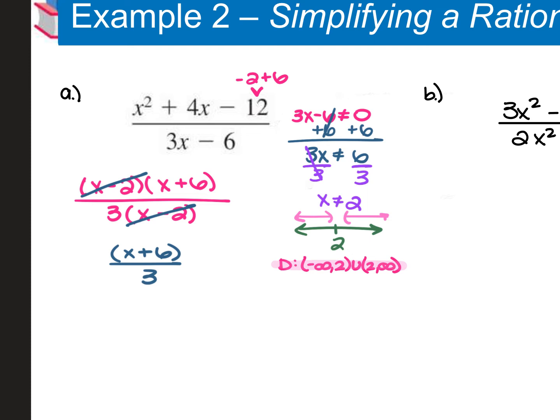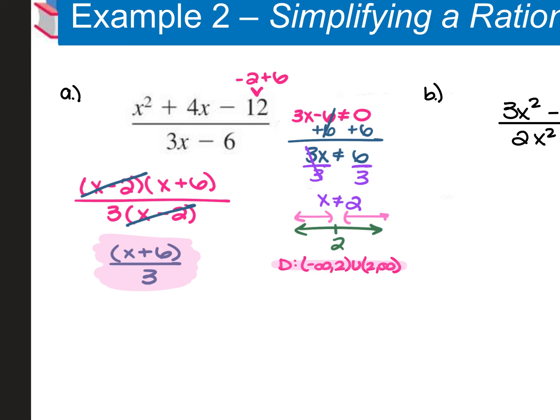So you cannot do anything even though there's a 6 on the top and a 3 on the bottom. It does not matter. That x and that 6 are literally attached to one another as one. So the simplified version of this fraction is x plus 6 over 3.